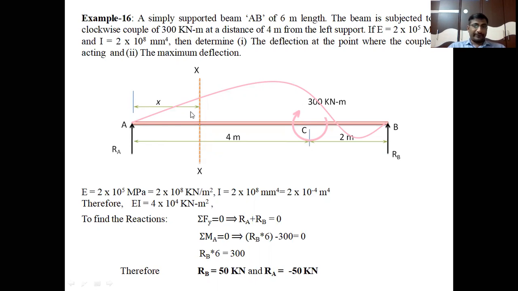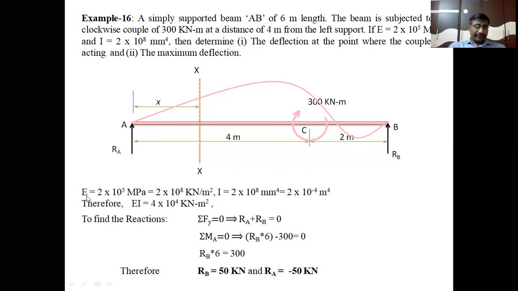Okay, I have shown here the deflected beam like this. So here we are going to find the deflection at point C, that is upward deflection. It must be negative. It comes in negative. And maximum deflection occurs in the beam, which is also in the upward direction. A small deflection in the downwards.